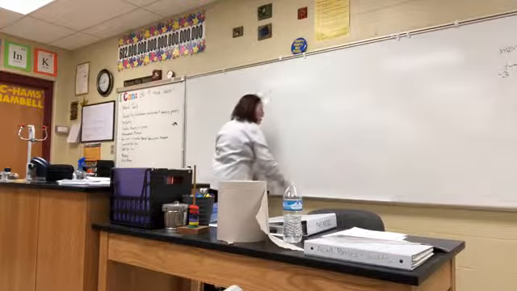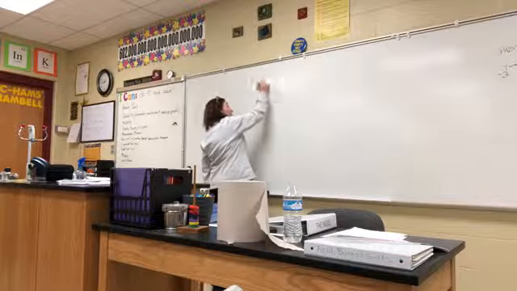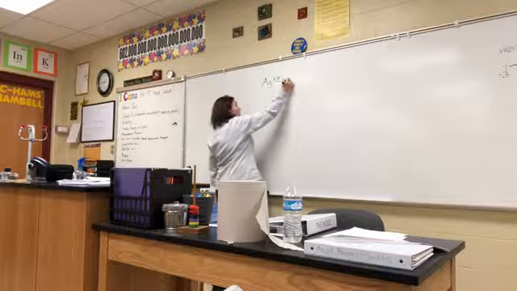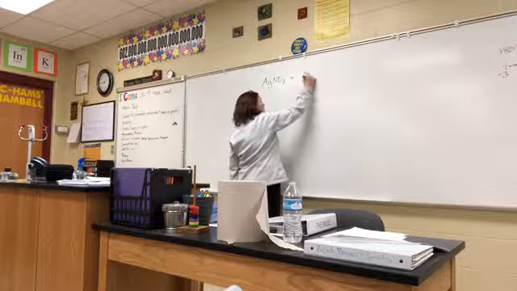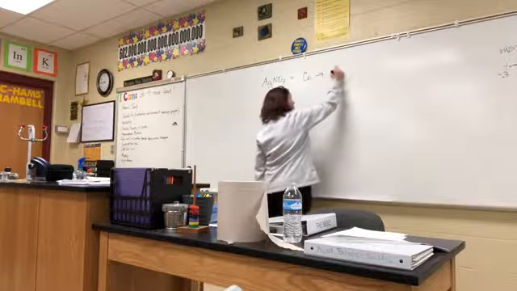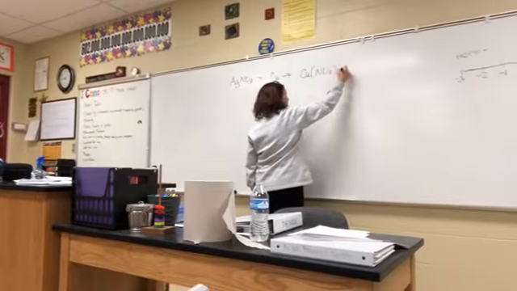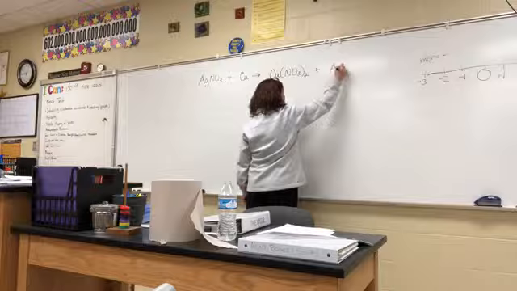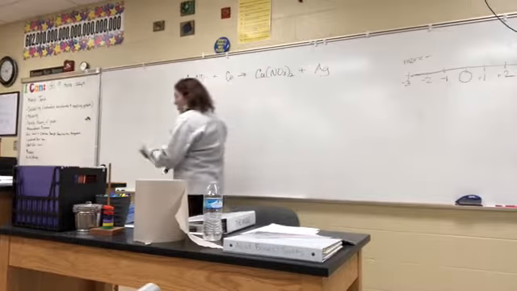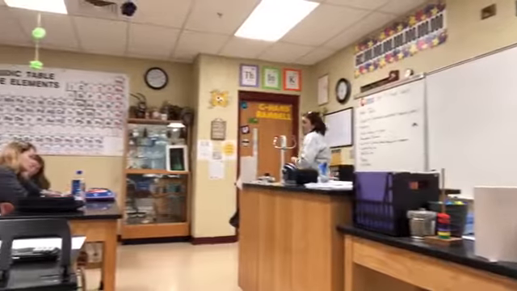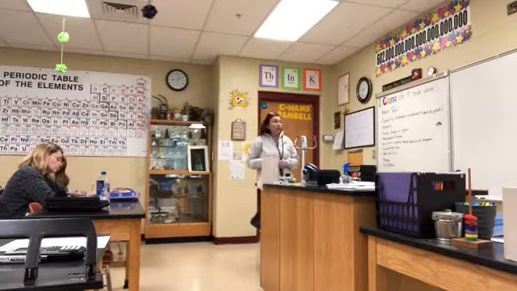Okay, so let's say we have silver nitrate, AgNO3 plus copper yields copper 2 nitrate plus silver metal. You need to be able to write the charges on everything in this reaction for every element.